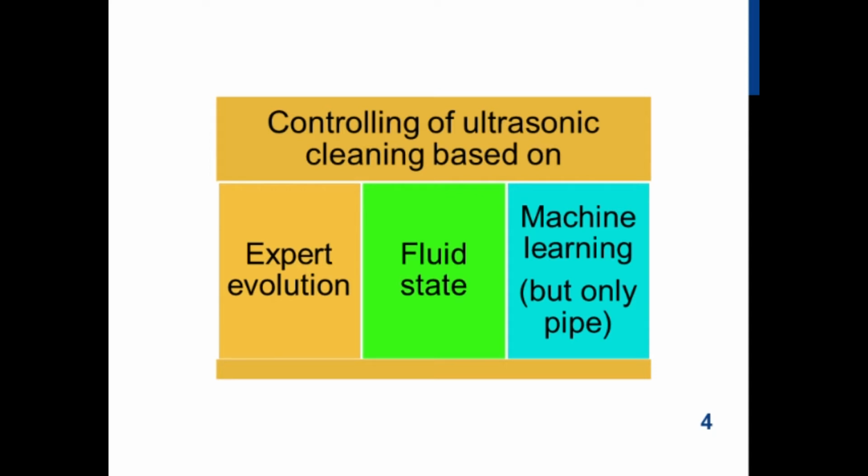Thus, Durand proposed to use the evaluation of the process by the physical properties of the cleaning fluid, conductivity and turbidity. Such approaches increase the efficiency of ultrasonic cleaning but ignore the real state of the cleaned body, forming a control based on indirect evaluation.